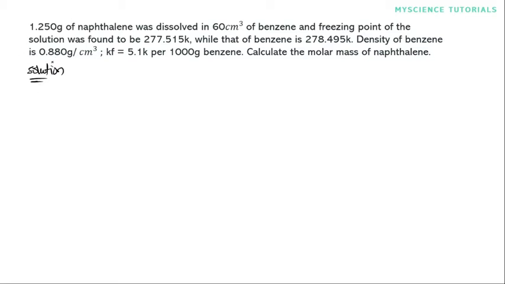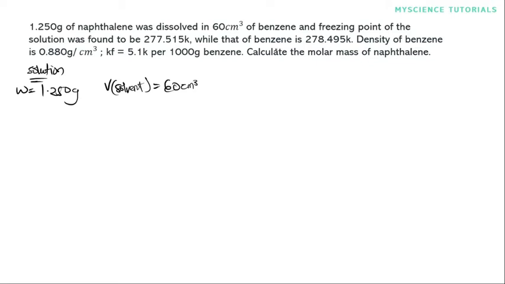So from the question, we know that the small w, which is the mass of the naphthalene, is 1.250 grams, and it was dissolved in 60 cm³ of benzene. So we know the volume of solvent is 60 cm³, and the freezing point was found to be this, and that of benzene is this.